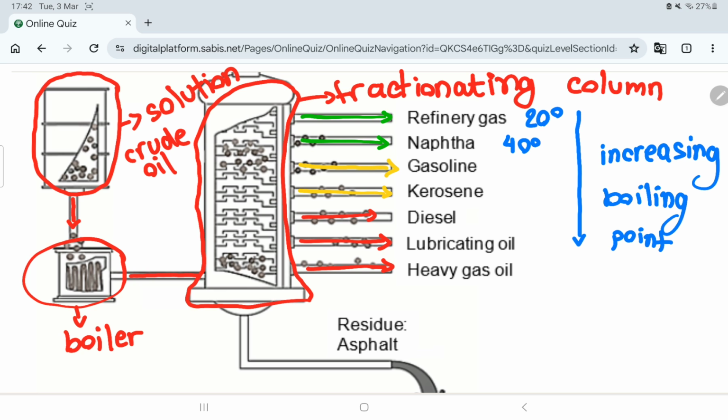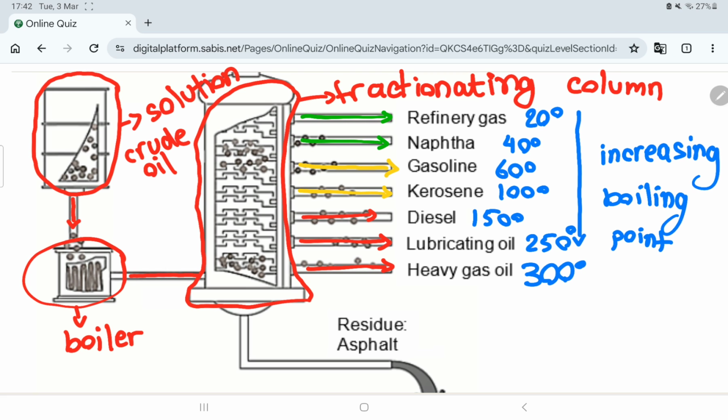So let's say naphtha boils at 40, gasoline at 60, kerosene, let's say at 100, diesel maybe 150, lubricating oil, let's say 250, and heavy gas oil 300 degrees.